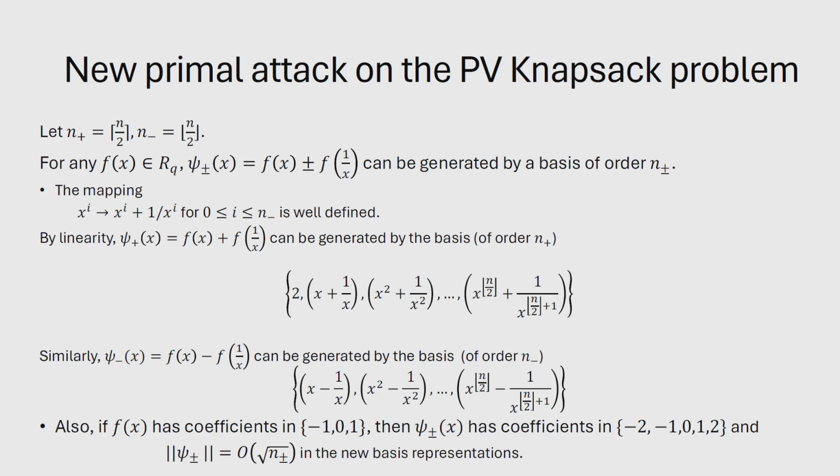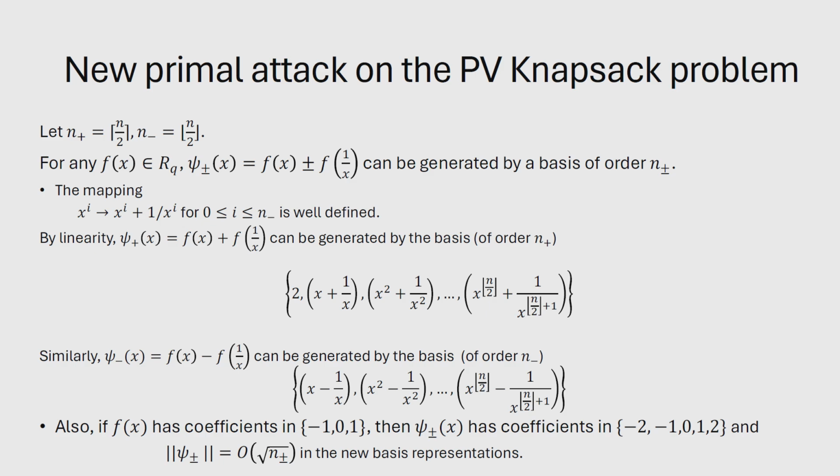Okay. So for any ring element, the new polynomials psi plus and psi minus can be generated by a basis of order n plus and n minus respectively, where n plus is the ceiling of n by 2 and n minus is the floor of n by 2.